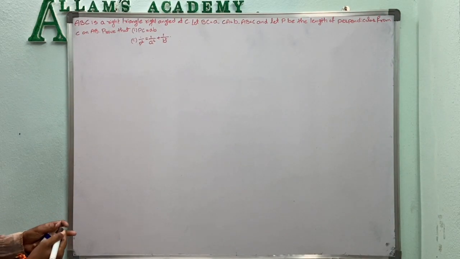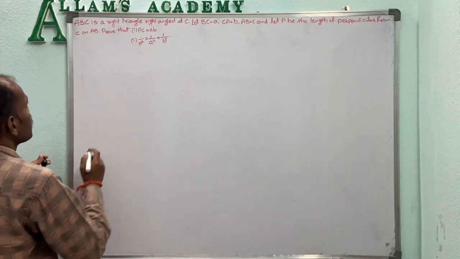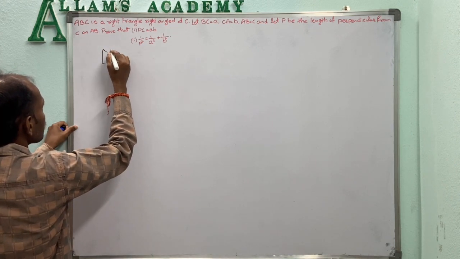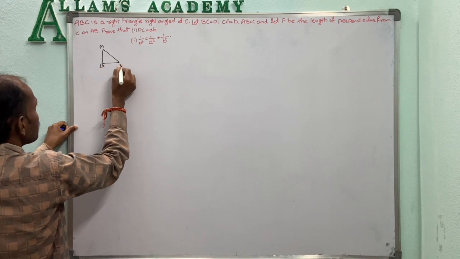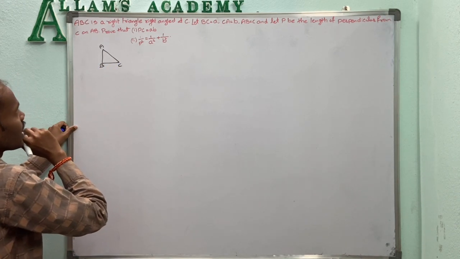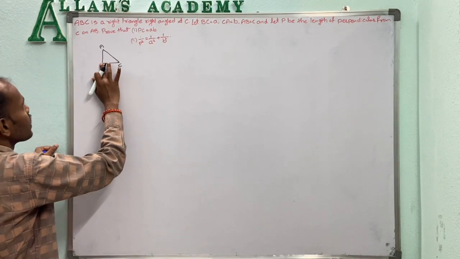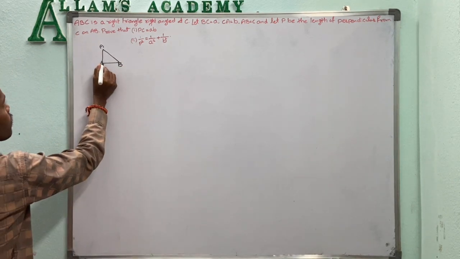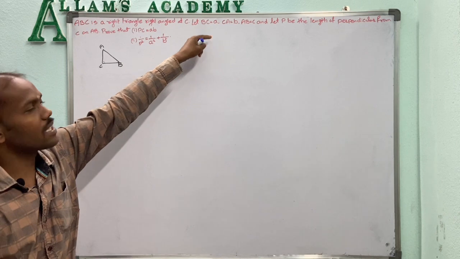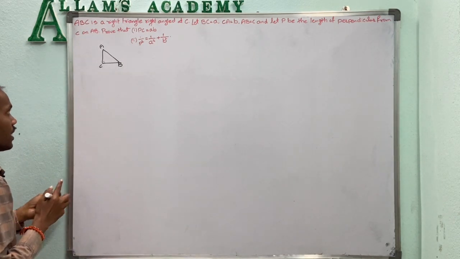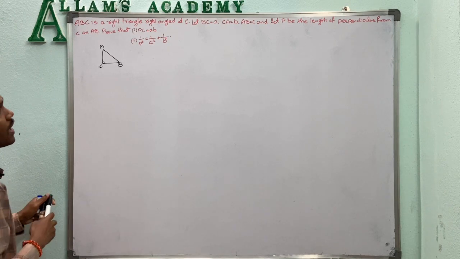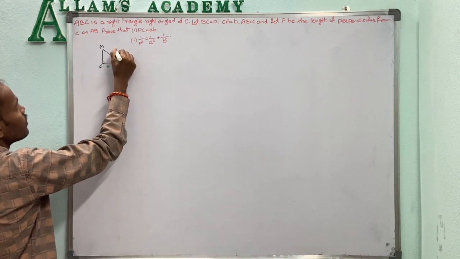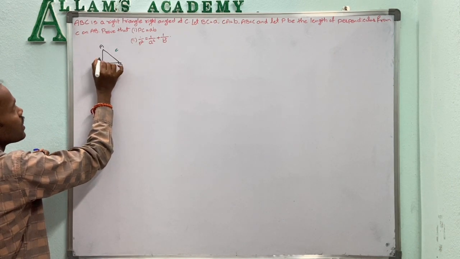So for this information, if we draw the triangle, ABC is a right angled triangle, given with the right angle at C. Now in the given information, BC length is indicated with a, AB length is indicated with c, and AC length is indicated with b.